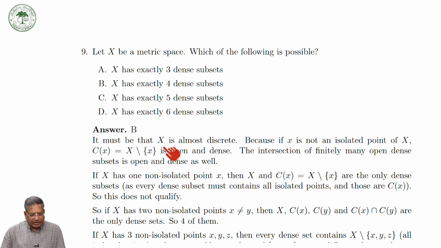The options are: X has exactly 3 dense subsets, X has exactly 4 dense subsets, X has exactly 5 dense subsets, X has exactly 6 dense subsets.